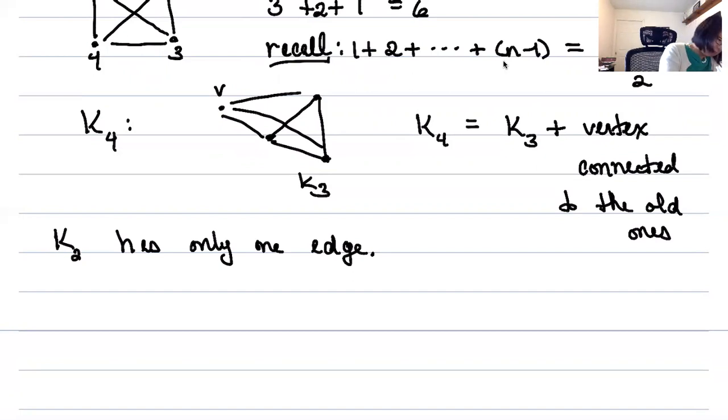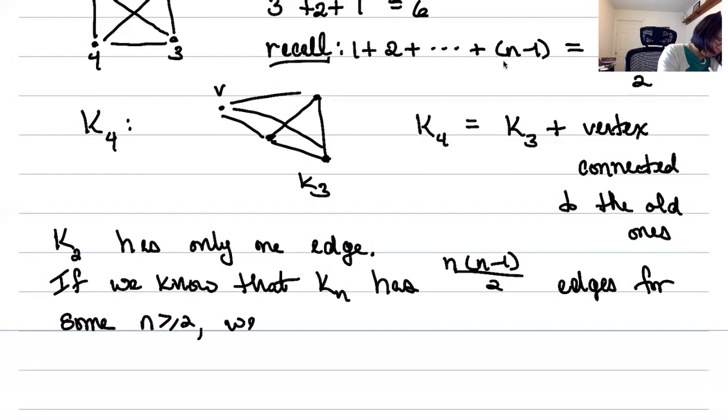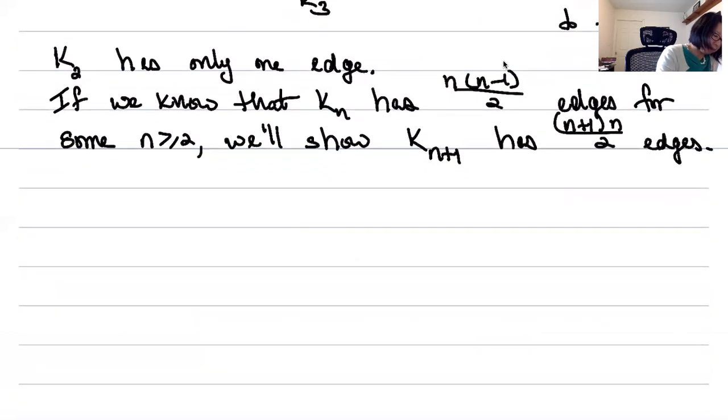And if we know that Kn has n times n minus 1 over 2 edges for some n greater than or equal to 2, we'll show Kn plus 1 has n plus 1 times n over 2 edges. Well, why should that be true?